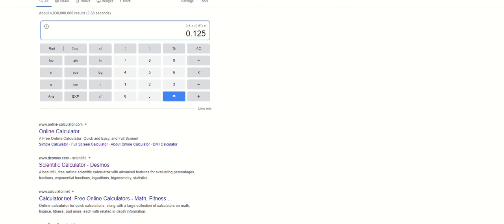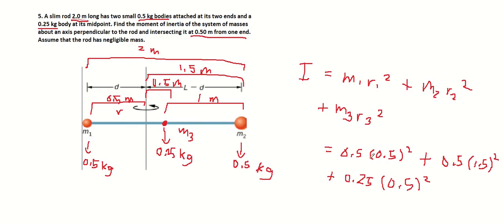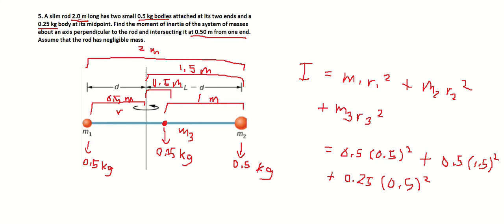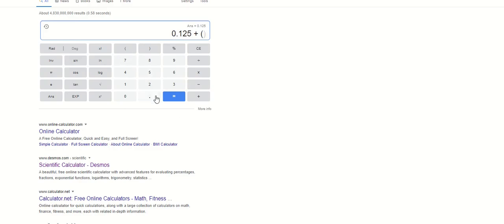Yan, 0.125 plus 0.5 times 1.5 raised to 2. Plus, okay, plus 0.5 times 1.5 raised sa 2. 1.25, tapos meron pang last.